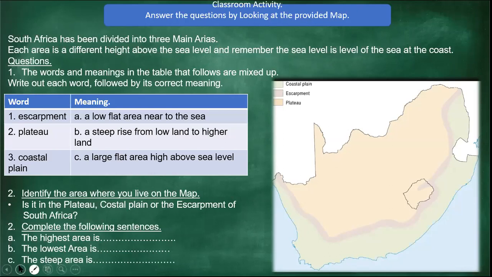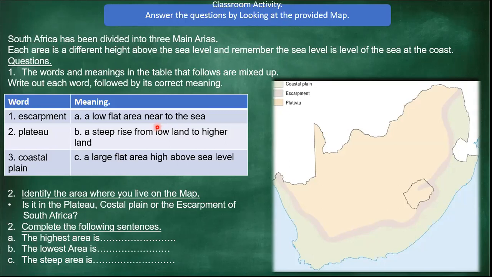The steepest area is the area that is steep. Yandisa. Ma'am, the steepest area is the escarpment. That's correct.